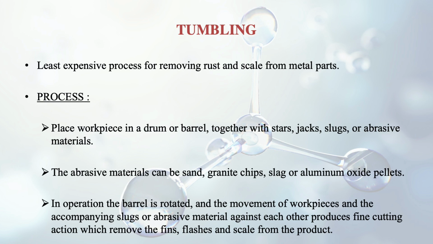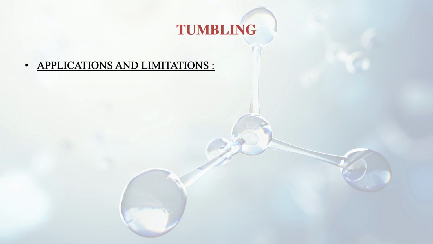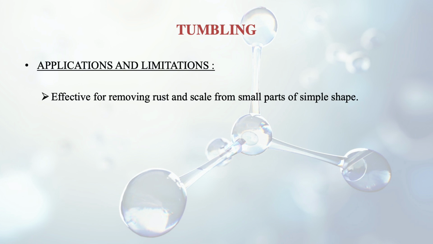So this cutting action is there in this case, and it removes the flashes or fins or scale from the workpiece. What are the applications and the limitations of this tumbling process? It is effective for removing rust and scale from small parts of simple shape.